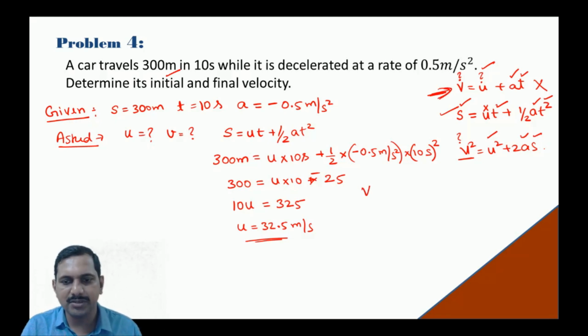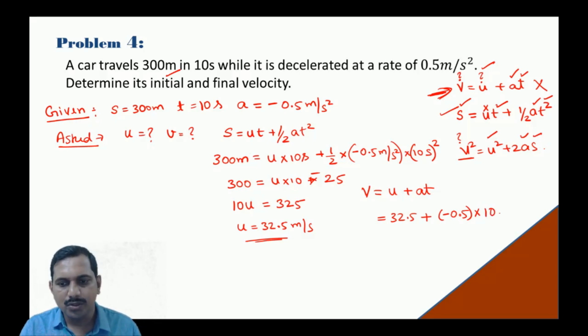So we will write v = u + at, and u is given as 32.5, acceleration is minus 0.5, into time, which is 10 seconds.